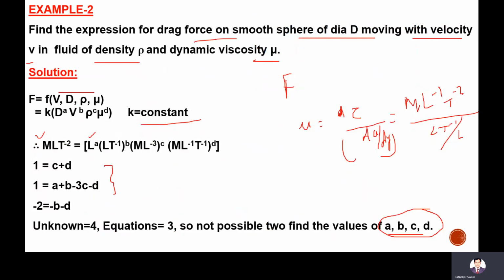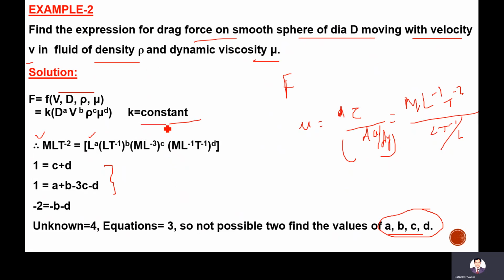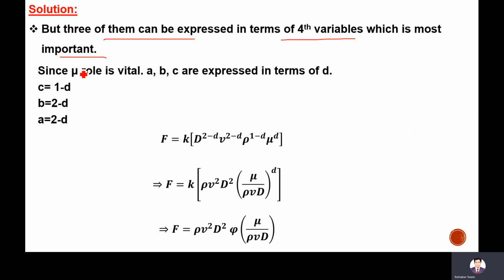Here in this drag force, the mu, the coefficient of dynamic viscosity, role is most important. It is vital. So the powers A, B, C of the unimportant variables can be expressed in terms of D, which is the power of the most important variable mu.